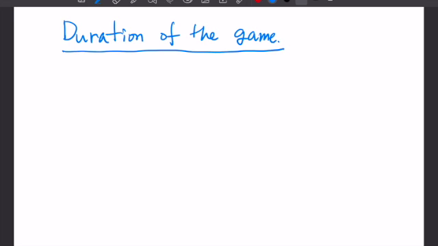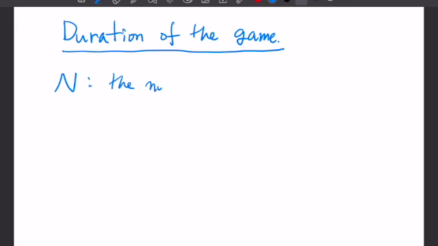Of course this duration is a random variable in the sense that the number of games we have to play depends on time to time. One time it may end in three plays, and the game is over. Sometimes it may take 100 plays until the game is over. So the number of steps to termination is a random variable.